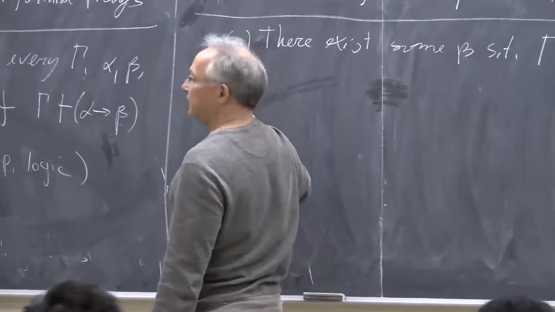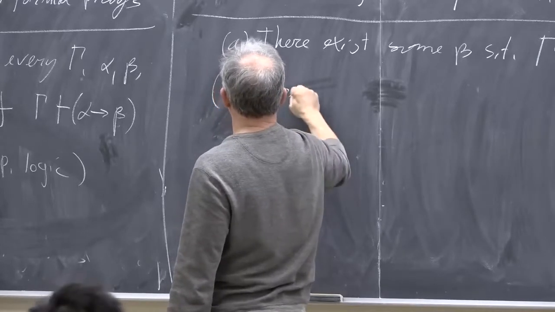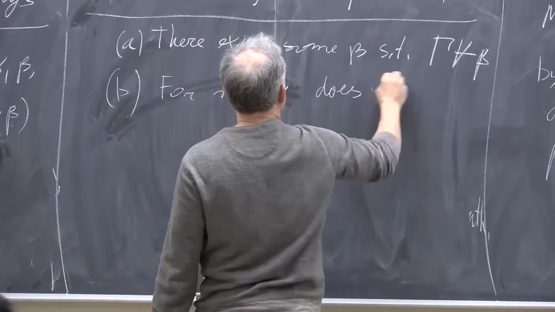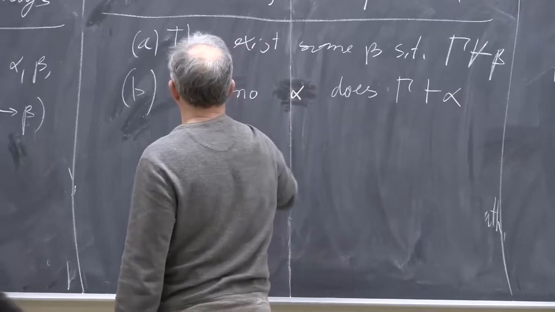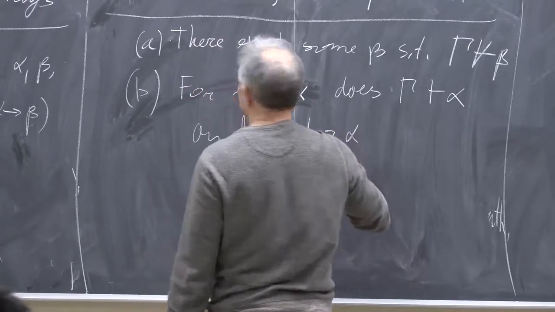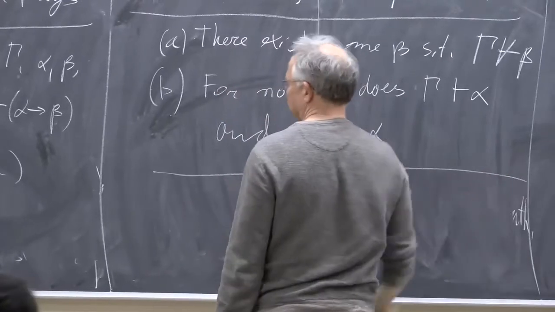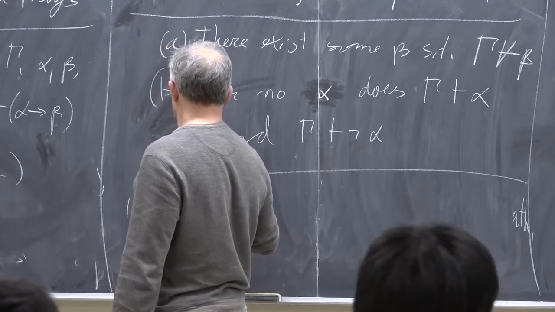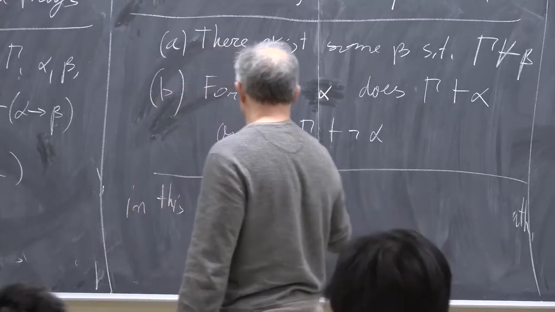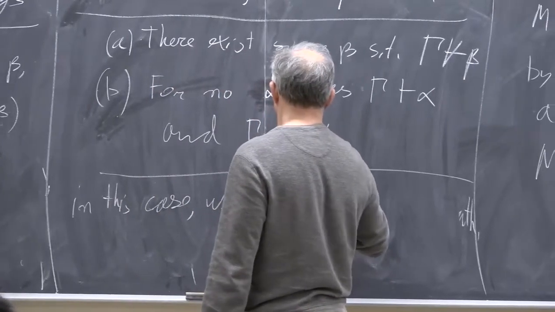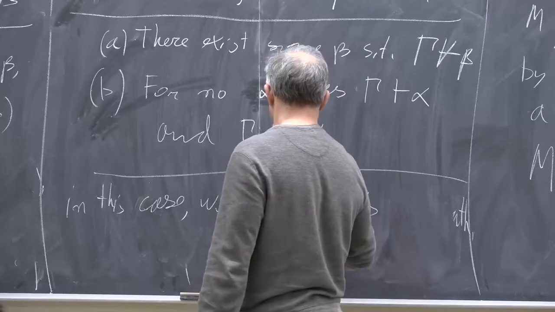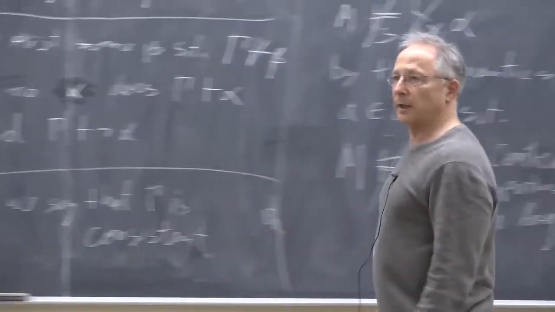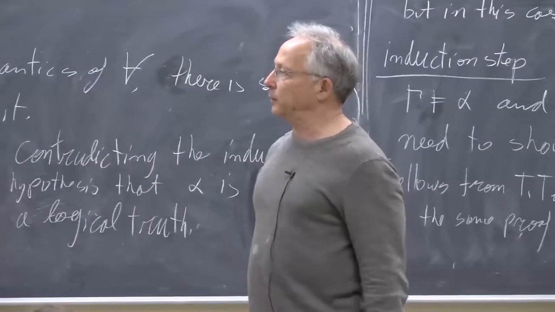And the second one is that for no alpha does gamma prove alpha and gamma prove not alpha. And if this holds, in this case, we say that gamma is consistent. So the definition of being consistent is exactly the same definition as in propositional logic, and it's one of these two equivalent definitions.